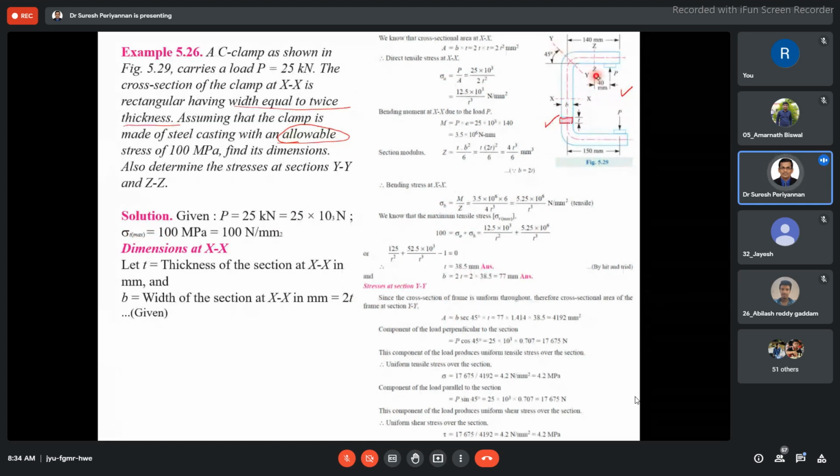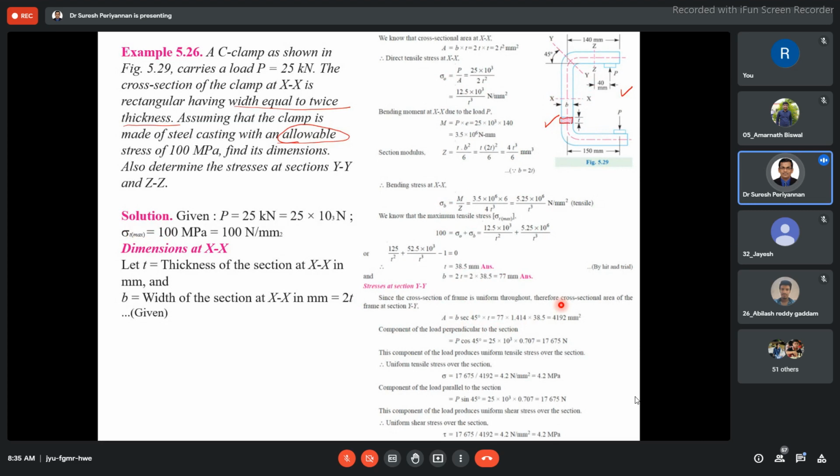We would like to find the cross section area along the YY section, which is b into b by cos 45. This is not the horizontal or vertical area; the cross section area will be more than the horizontal cross section.